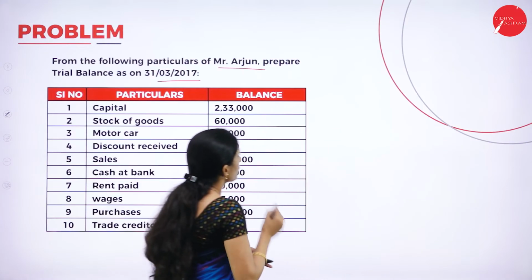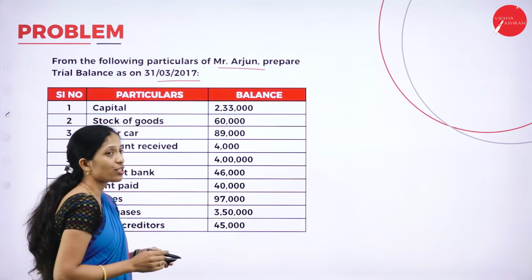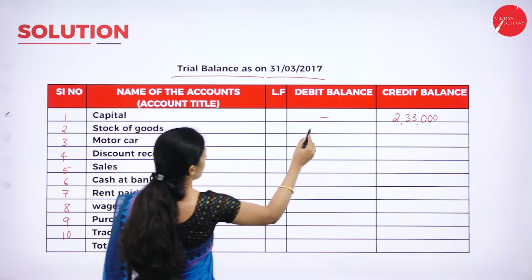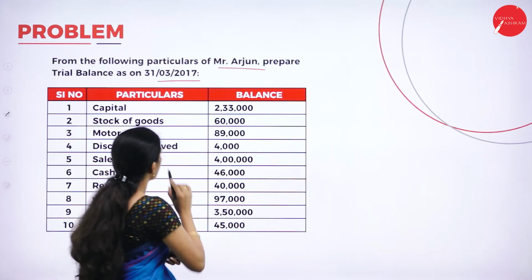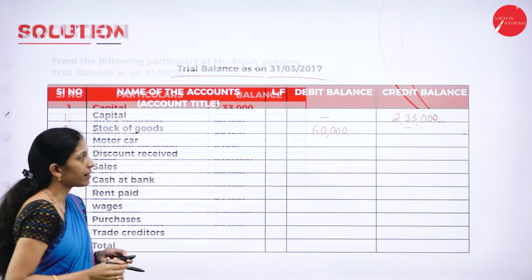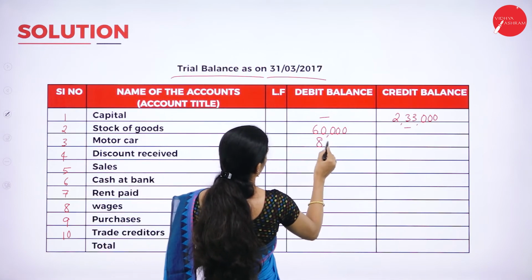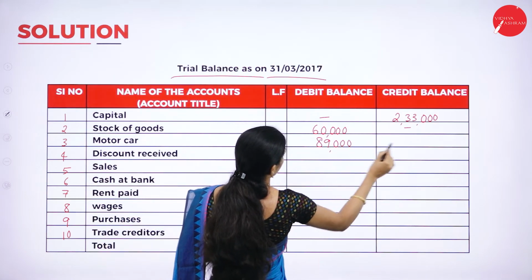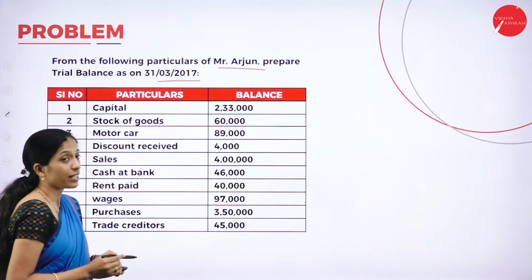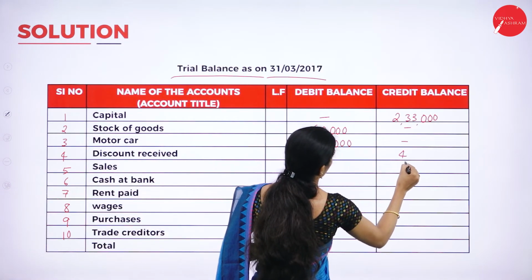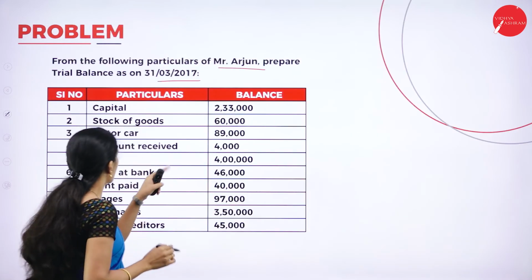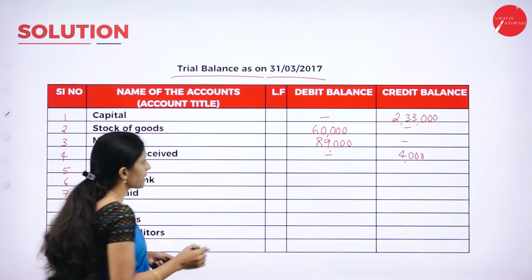2,33,000. Next one, we have stock of goods. It's a debit balance, 60,000. Next is motor car, 89,000, debit balance. Next, discount received. It is an income, that is 4,000. Next, we have sales, 4 lakh. It is a credit balance.